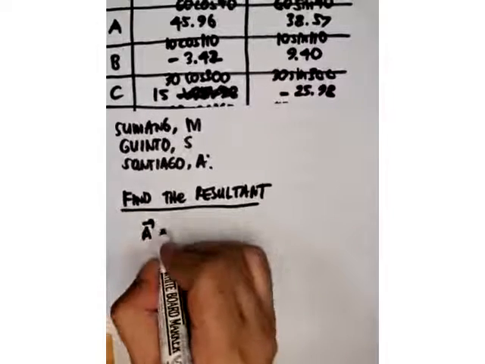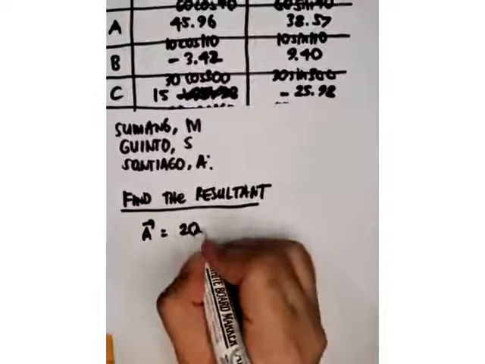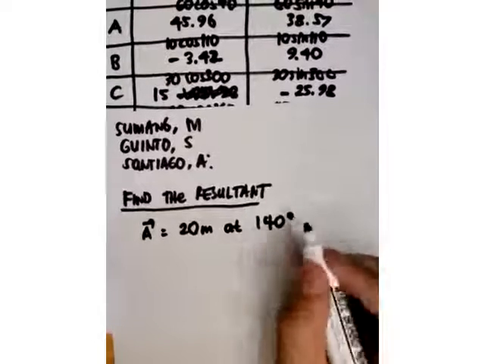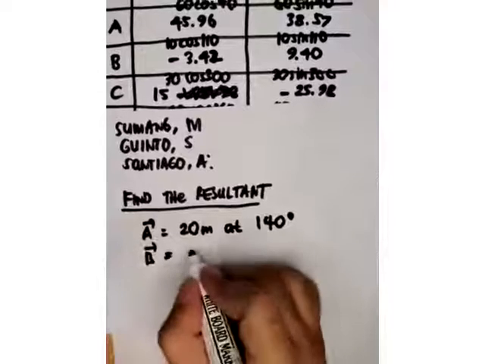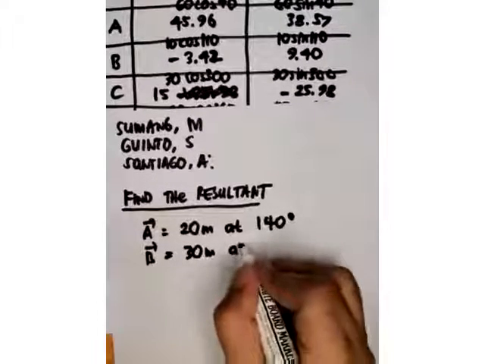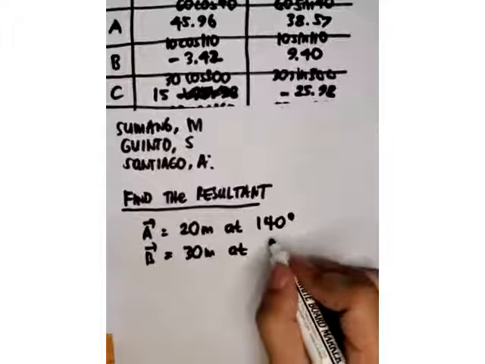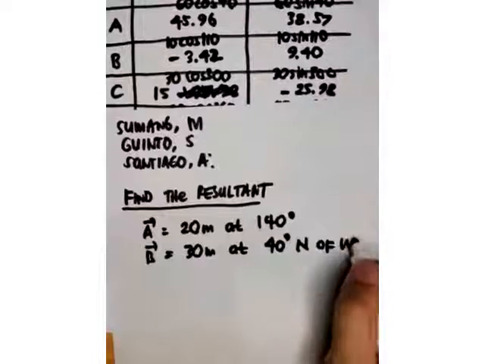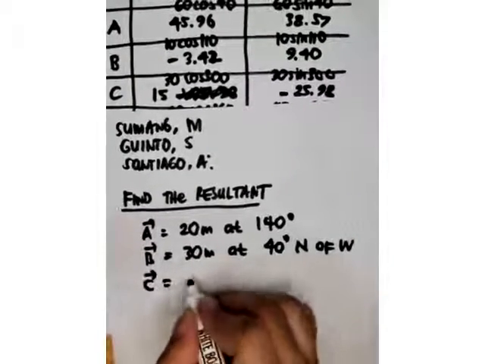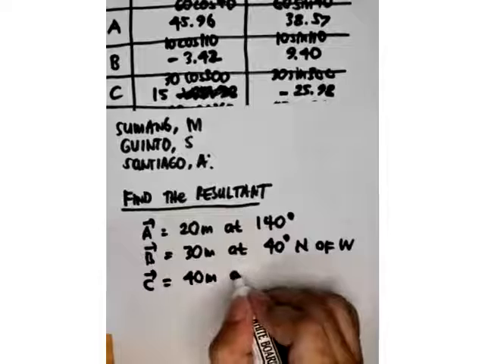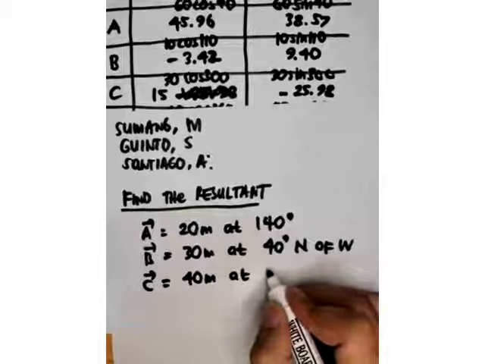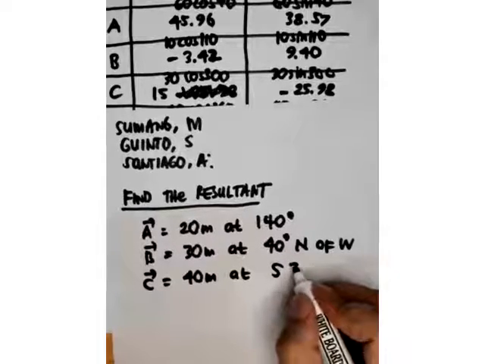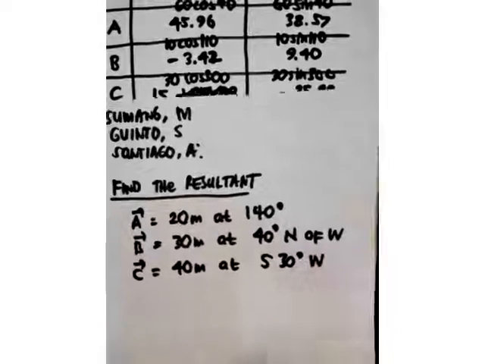Of A, so that's equal to 20 meters at 140 degrees. B, 30 meters at 40 degrees north of west. And C, 40 meters at south 30 degrees west. Ayan.